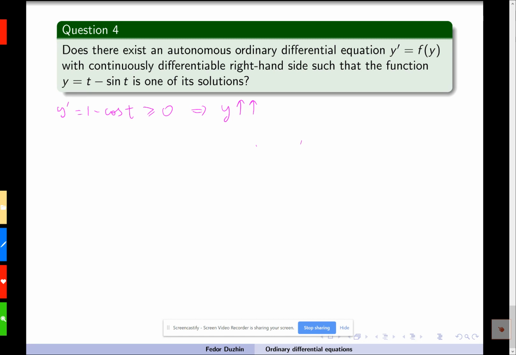Now, how about we try to plot the solution? So how do we plot the solution? We know that the derivative of the given function is periodic with period 2 pi, and at the same time y prime of t is 0 if t is a multiple of 2 pi, right?